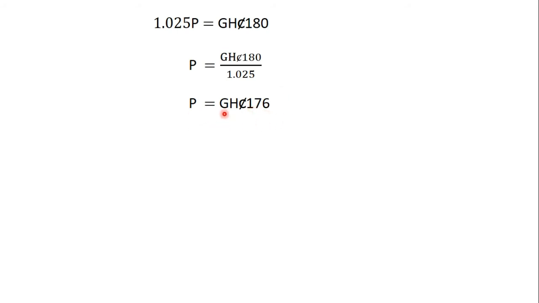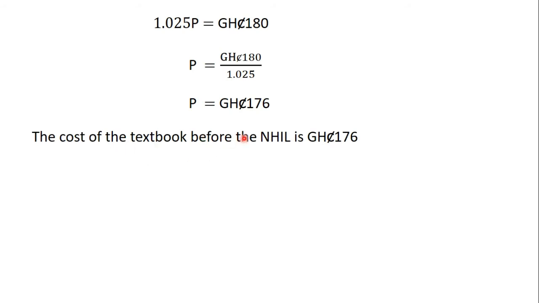So P is equal to 176 Ghana cedis. We said that P is the cost of the textbook before the NHIL. So the cost of the textbook before the NHIL is 176 Ghana cedis. This is the solution to the first part of the question.